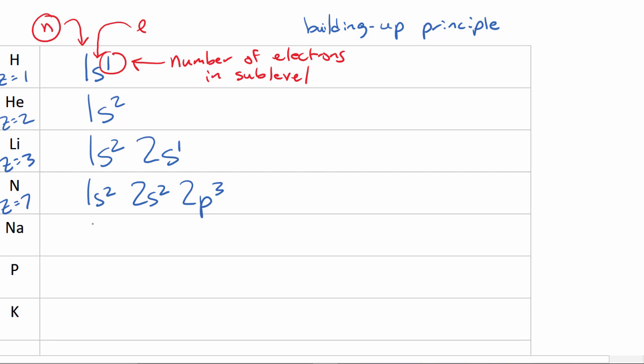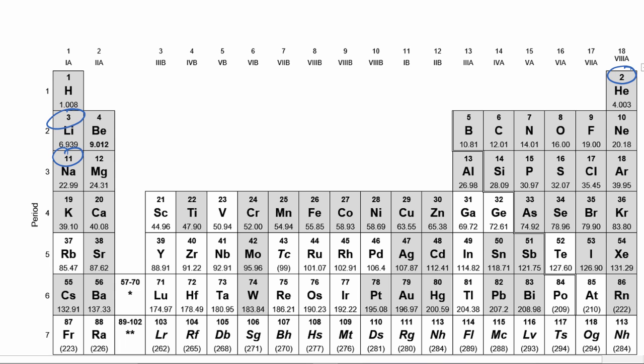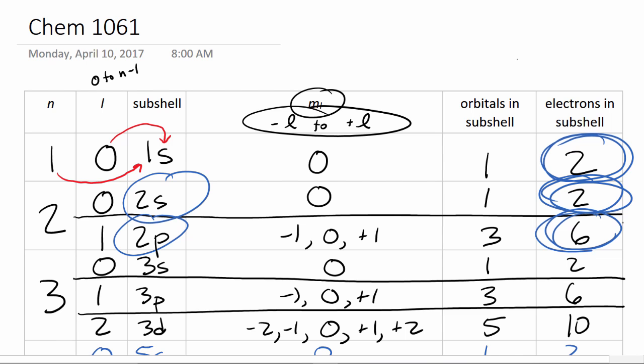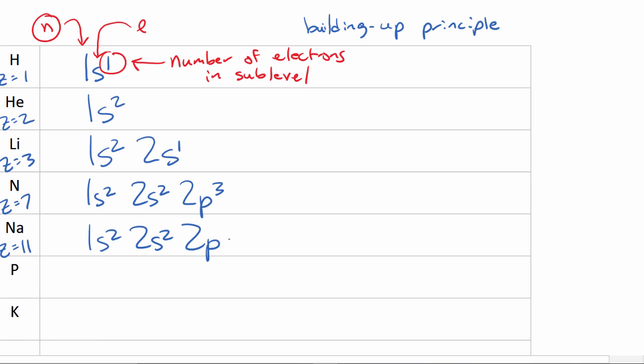If we then look at sodium, sodium has how many electrons? 11. So now with 11 electrons right here, we go ahead and place these in. We put in 1s2, 2s2, 2p. Now it'll hold up to 6 electrons. So put in 2p6.